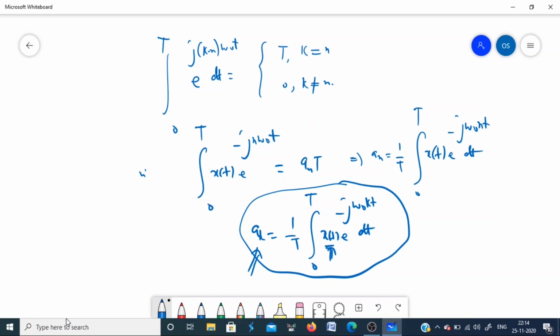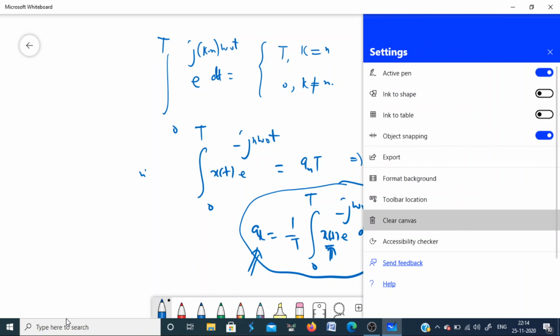Okay, so this equation is also called the analysis equation. Another equation is called the synthesis equation. So you have two equations now for Fourier series. First is x(t) equal to summation of ak e raised to power j omega naught k t. This is called the Fourier series.